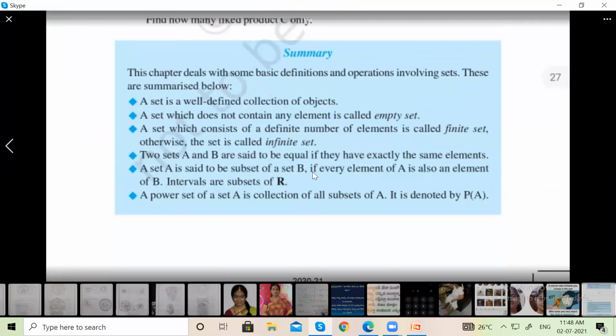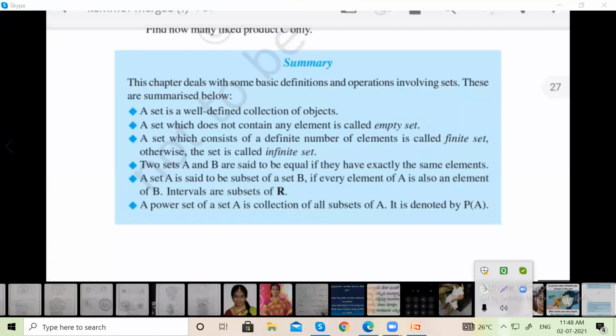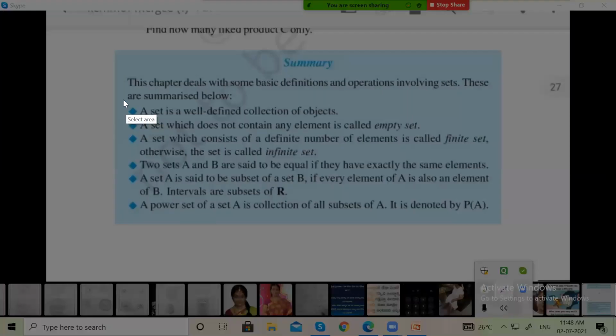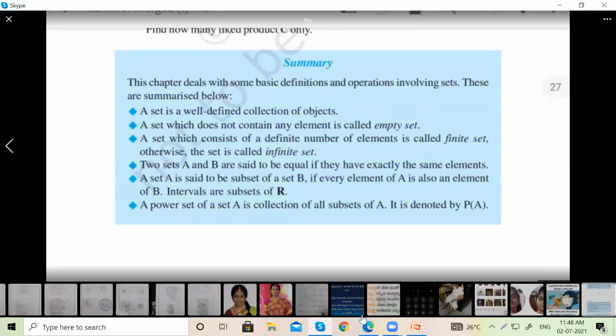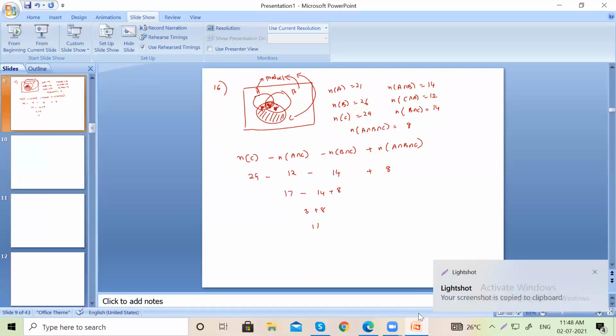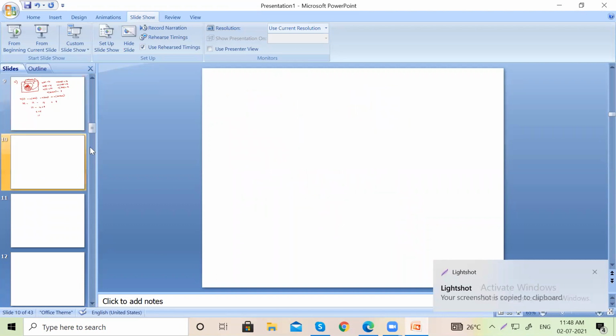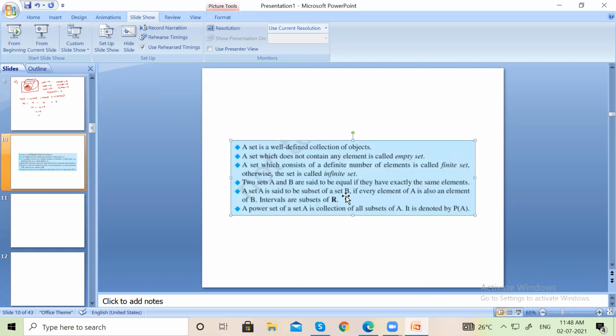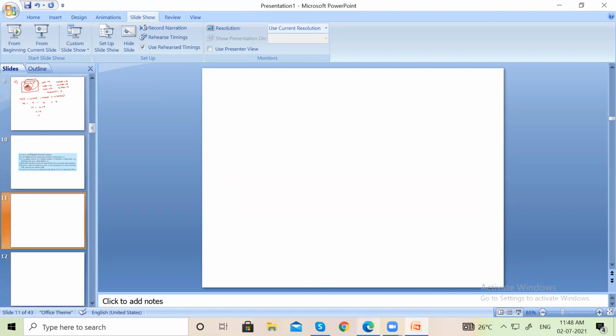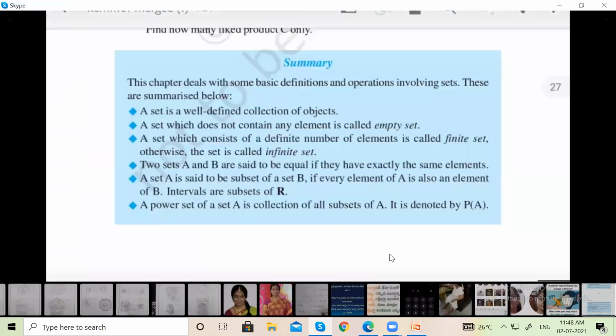So this is from your textbook, the entire chapter summary. For KSET, it will be very useful. I'm pasting here. One more also I will paste.